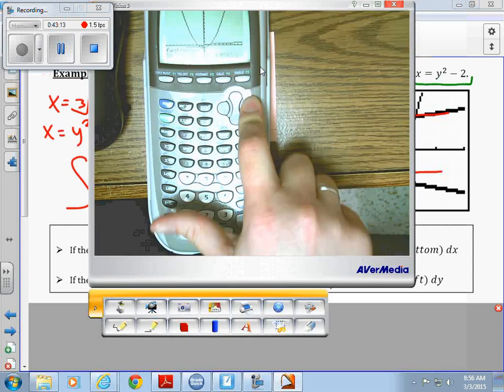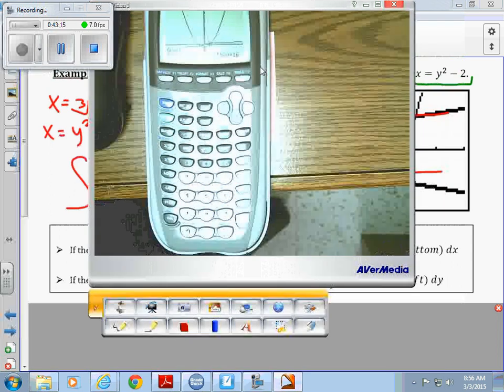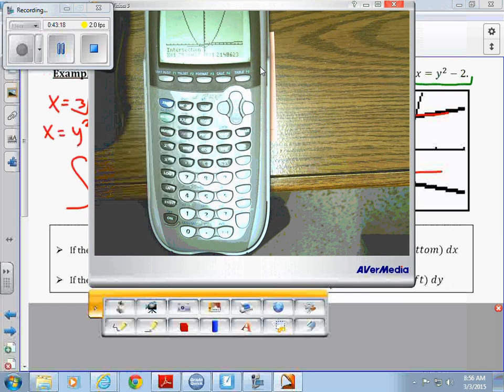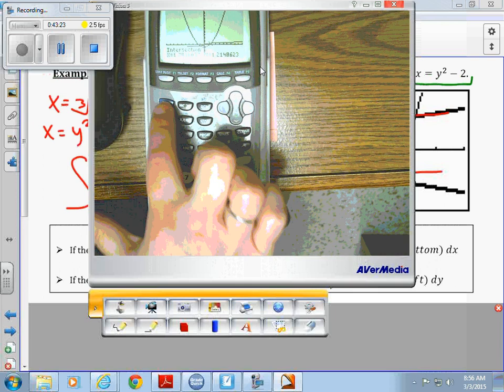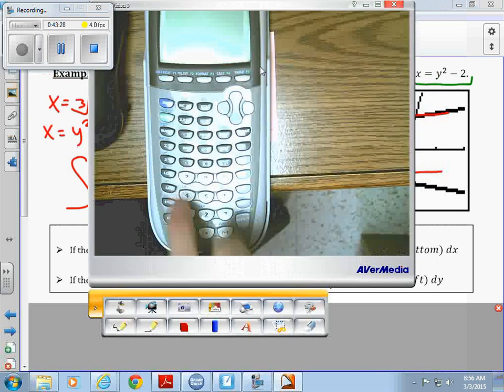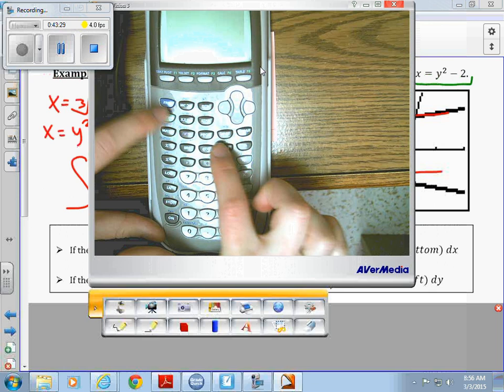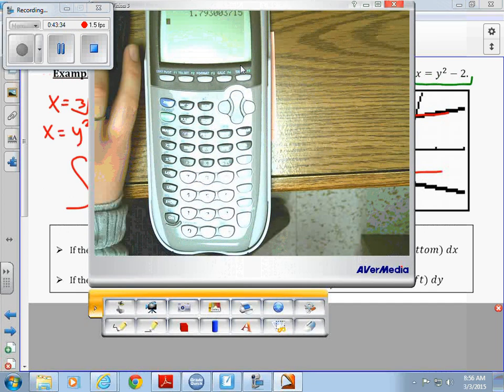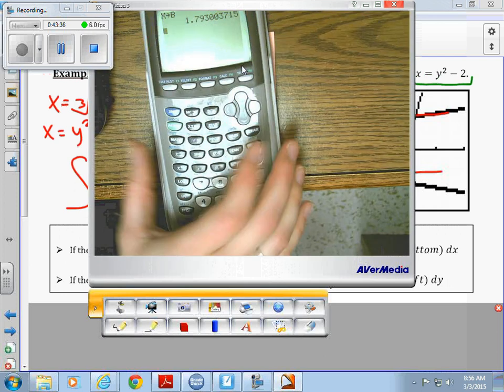No need to store that. And I get 1 point, that I need to store, don't I? I'm going to store that as B. Is that what everyone got? The 1.7. Yeah.